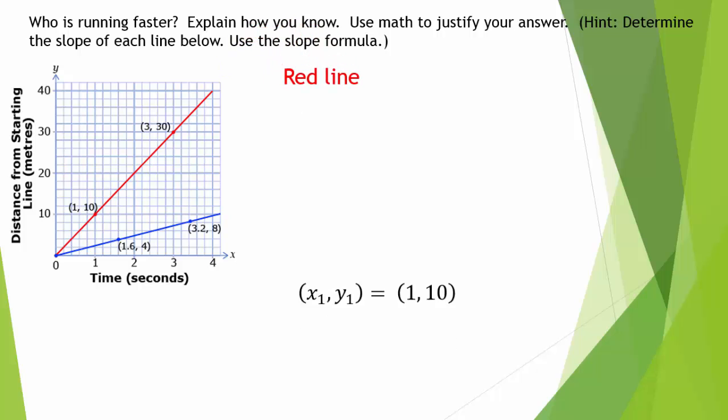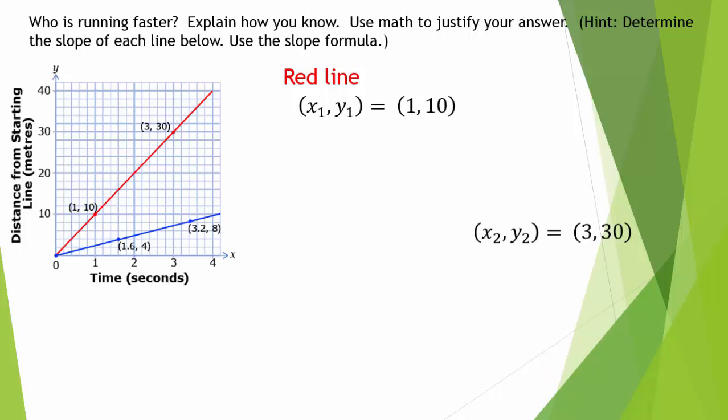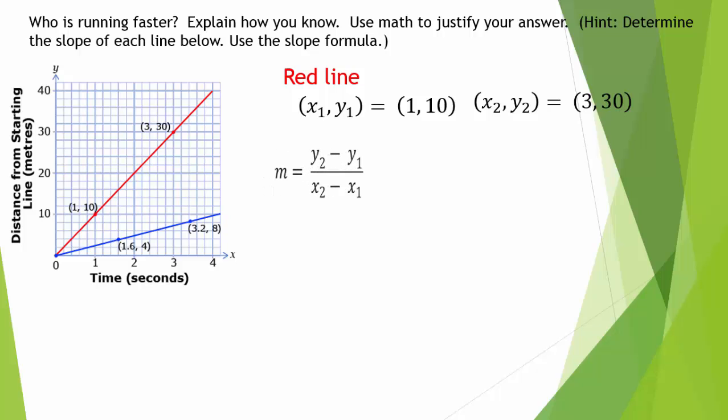So let's first look at the red line. We'll take our x1, y1, which is 1, 10, our x2, y2, which is 3, 30, and we'll go ahead and apply the slope formula, m equals y2 minus y1 over x2 minus x1. You'll recall this is the exact same formula we use for rate of change, and we've been working with that for quite a bit.